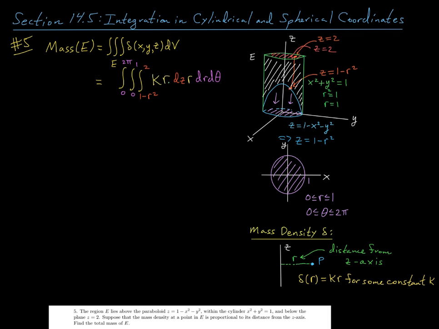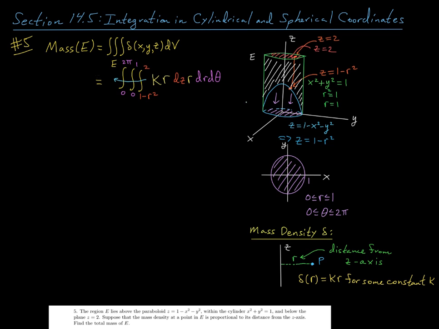All right, so now in essence, what are we integrating? Well, the k is constant, just a proportionality constant, and we have an r squared there. For the z integral, r squared is constant, so we're just going to get the difference between the height of the plane and the height on the paraboloid, so it'd be 2 minus that. And then the rest of it's pretty straightforward calculation.